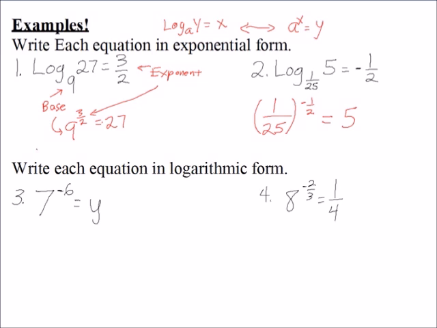So same thing. If we want to go back into logarithmic form, remember, here's your exponential function, and it's going to be the same number. So I want logarithmic form. Here's the log. I need a base. My base is 7. Okay, so here's my base. And here's my exponent.